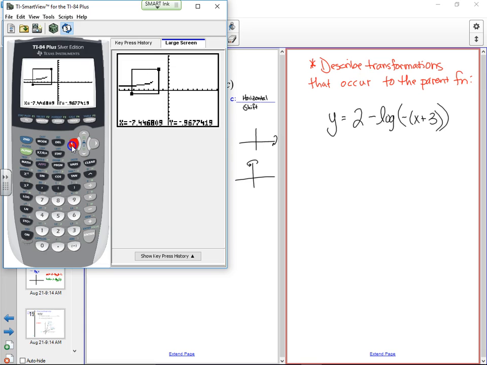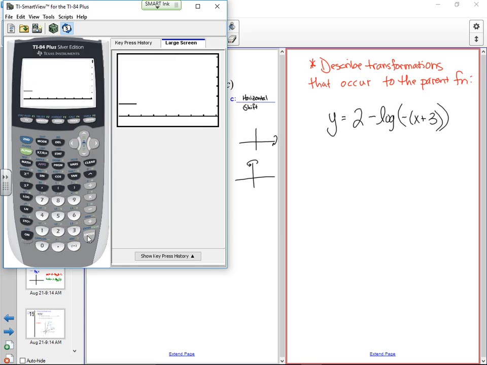How do you not know Zoom Box? Wait, it's going up higher! If it's going up higher, what do you think this is? Even though it's weird and it cut off because the poor calculator only has so many pixels, it can only get so close.